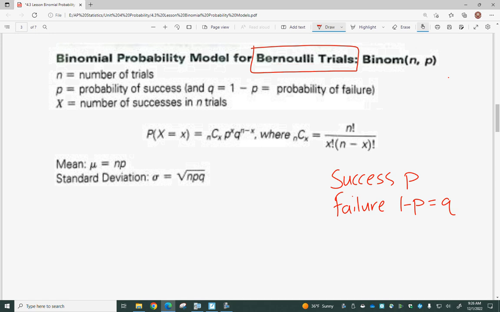And so you can see we have some variables defined, things we talked about last lesson or in the past. So here we've introduced n, the number of trials. P again is the probability of success. Q is the probability of failure.